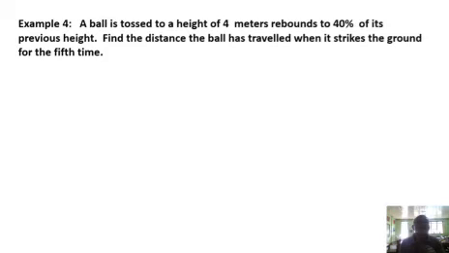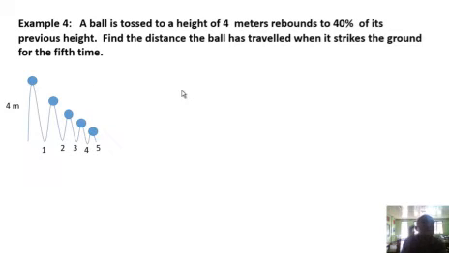A ball is tossed to a height of 4 meters, rebounds to 40% of its previous height. Find the distance the ball has traveled when it strikes the ground for the 5th time. Okay, we have here the figure of the ball that is tossed to a height of 4 meters, strikes the ground for the first time, and rebounds up to a height which is only 40% of the previous height.